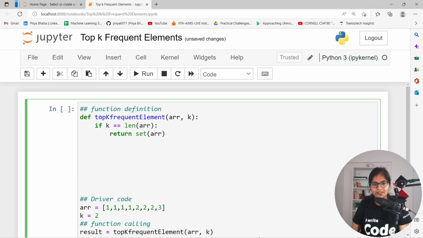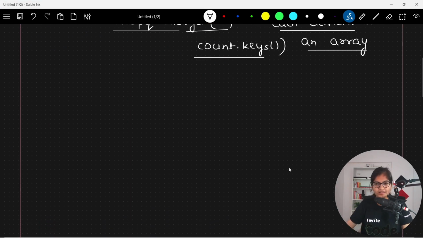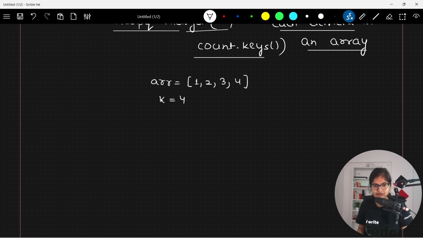For example, suppose the array contains 1, 2, 3, and 4, and you are saying give me the 4 frequent elements.